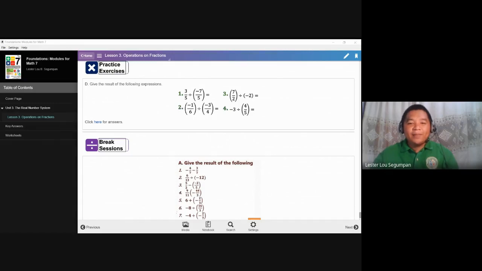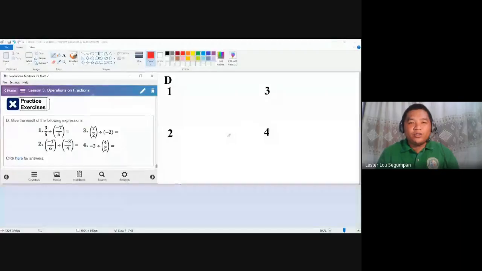I have already placed this practice exercise in a paint application software, so let me share this to you. Okay. This is where we are going to scribble all of our solutions. Again, we are going to divide fractions.